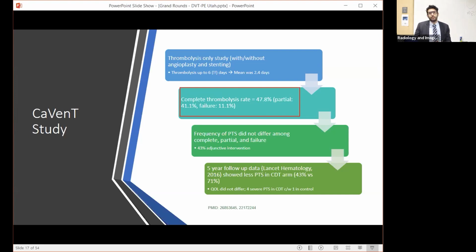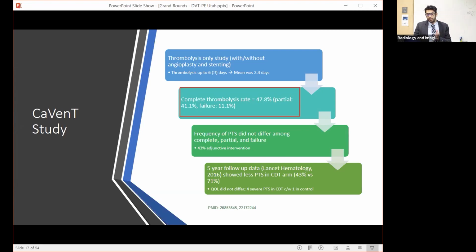And they also did a 5-year follow-up of these patients, published in 2016, and they actually saw that the gap of PTS widened, so that the patients who had CDT initially up front had a 43% rate of PTS, whereas the anticoagulation arm had 70%. So almost all those patients are getting some level of PTS. So it's really striking to see that over time the TPA arm actually did better.